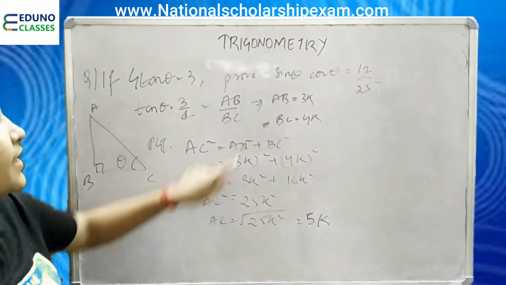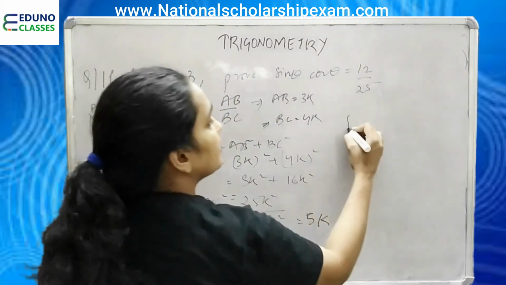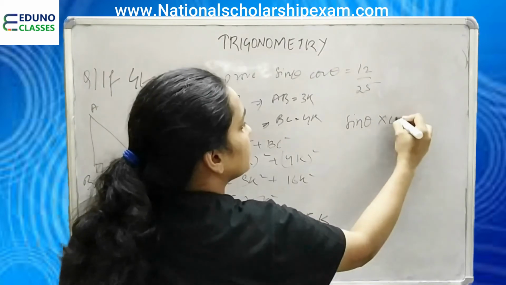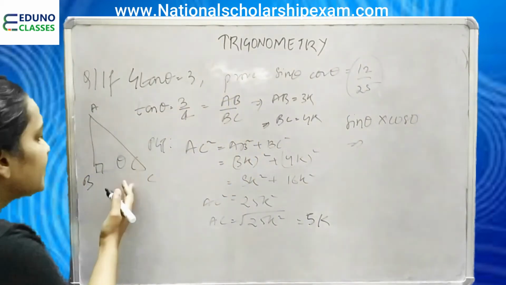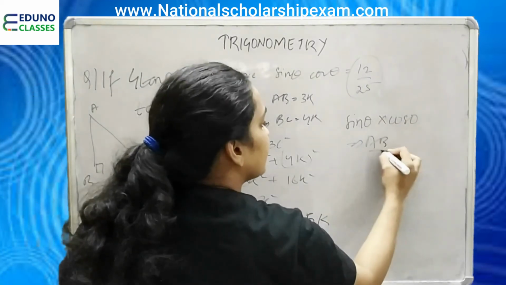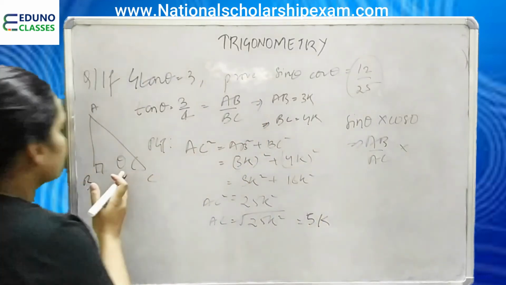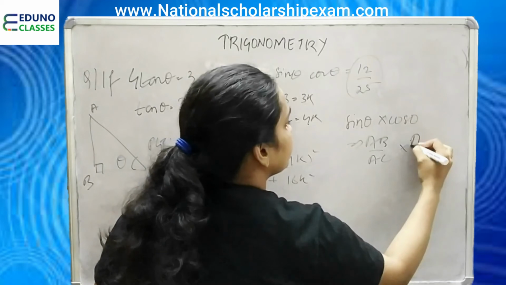Okay, so now you know AC, you know BC, you know AB. You have to find sin theta into cos theta and prove that it is 12 by 25. Sin theta is AB upon AC. Cos theta is base upon hypotenuse, BC upon AC.